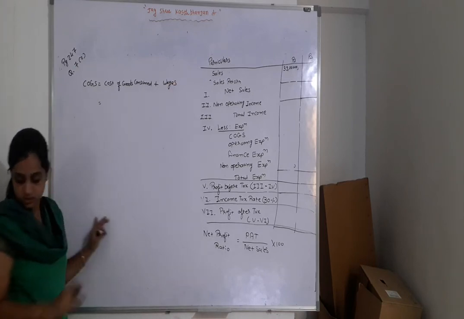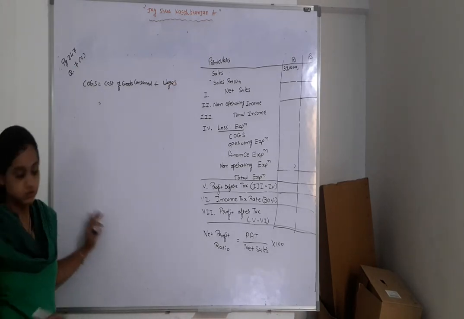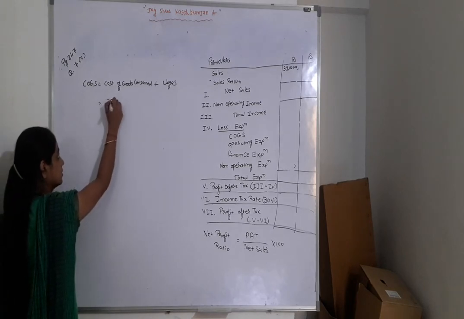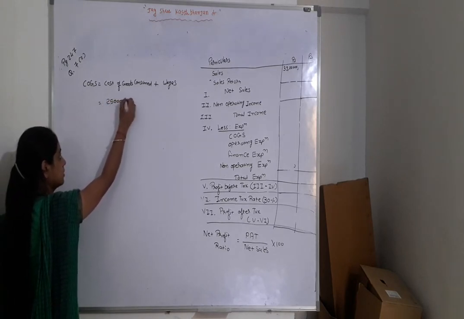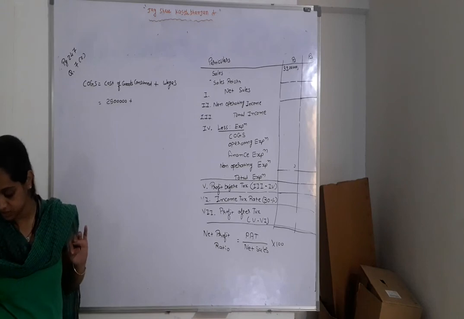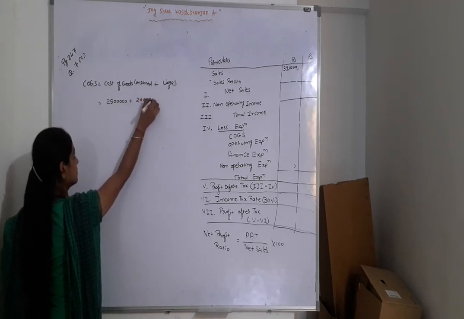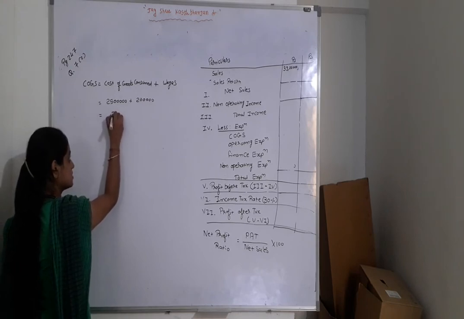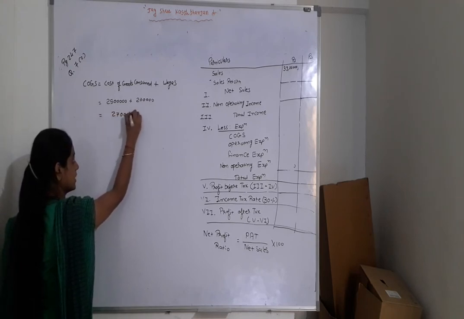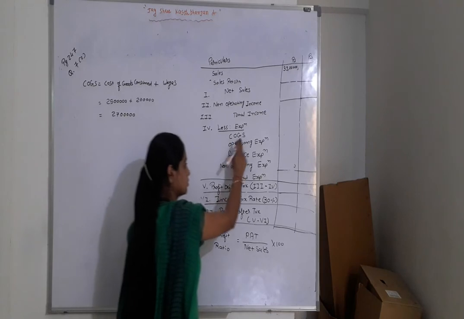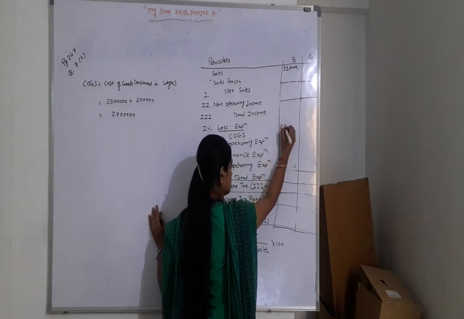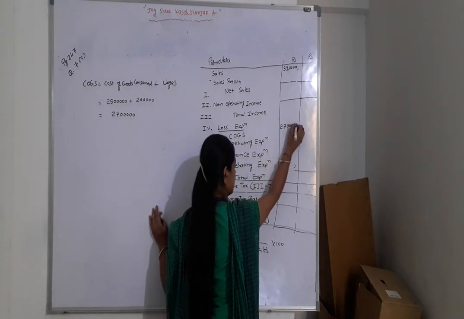Cost of goods consumed is 25 lakh plus wages 2 lakh. That means COGS is 27 lakh. So in COGS we'll write 27 lakh.